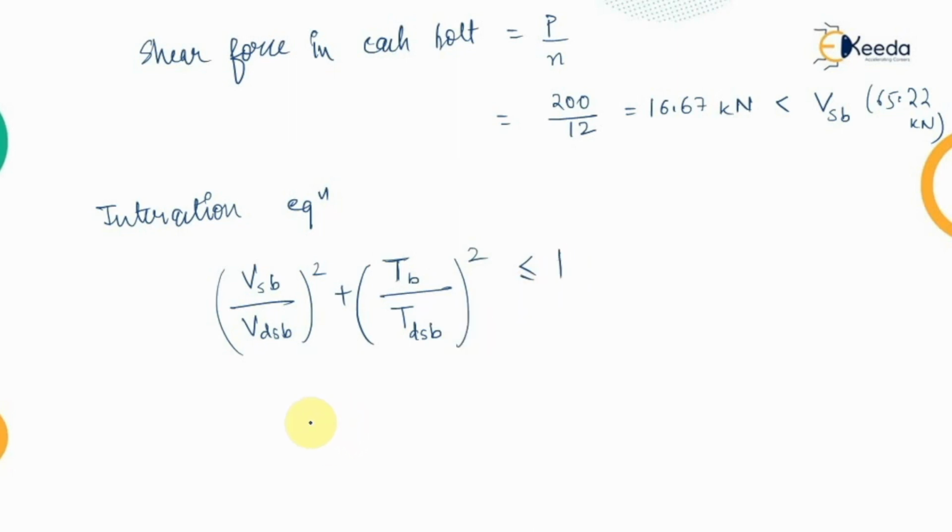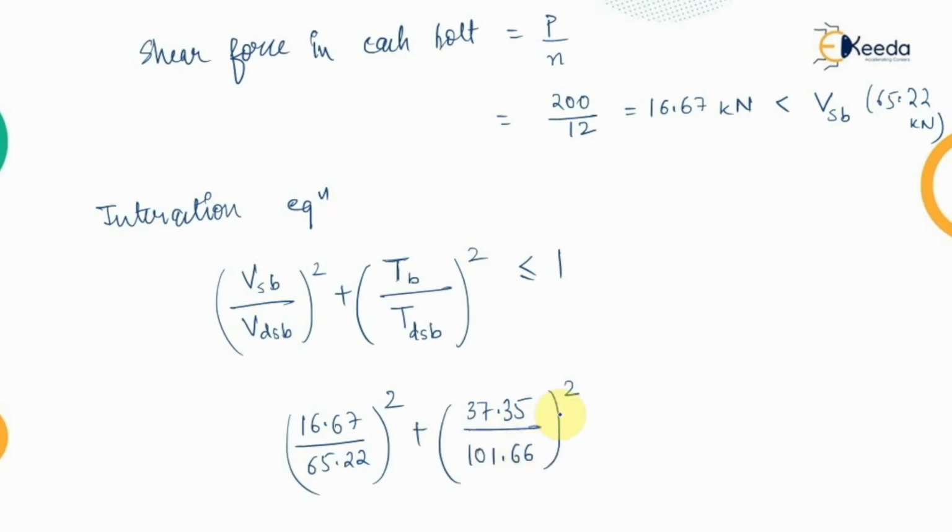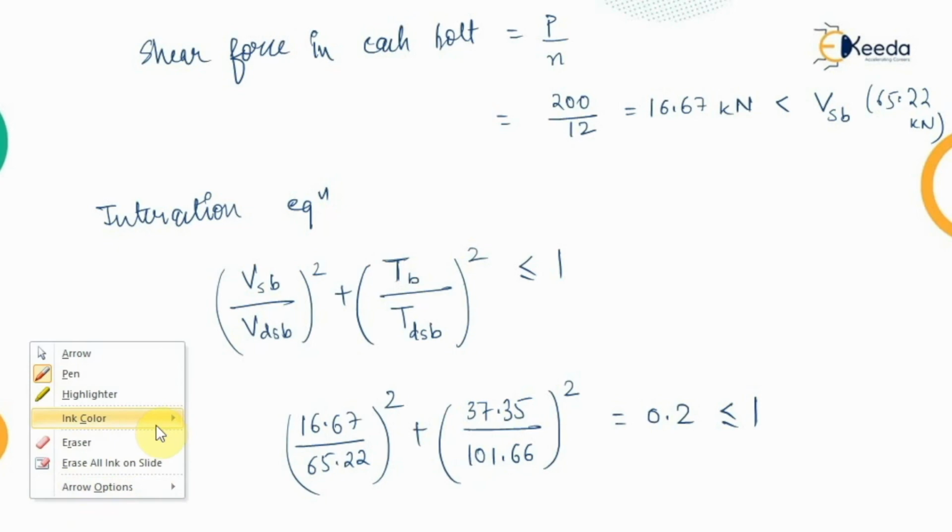Now from here we know that this VSB is 16.67 while this design shear strength is 65.22, its square, plus the TB value that we were getting, that was 37.35 and it was less than the 101.66 value, and its square, and this value comes out to be equal to 0.2, which is less than or equal to 1.